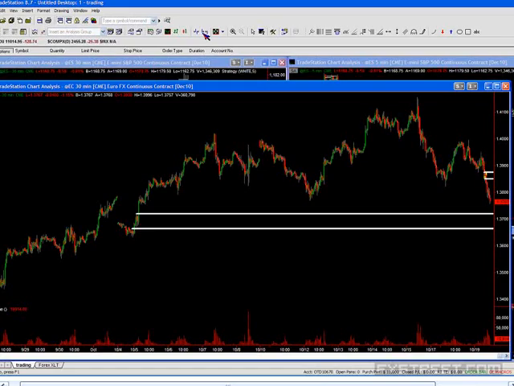Those white lines are meant to be targets 1 and 2. So I'd be looking to sell short on a rally back up to that 138.50 area for a move back down to 137.20 to 25-ish area, and then perhaps a further decline to about 136.70.